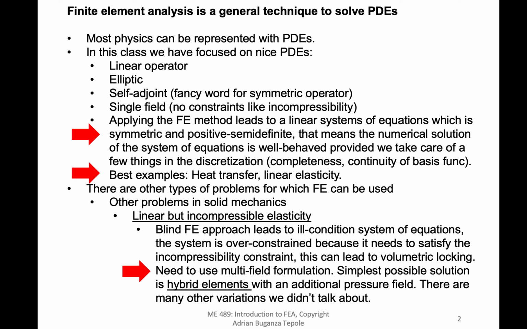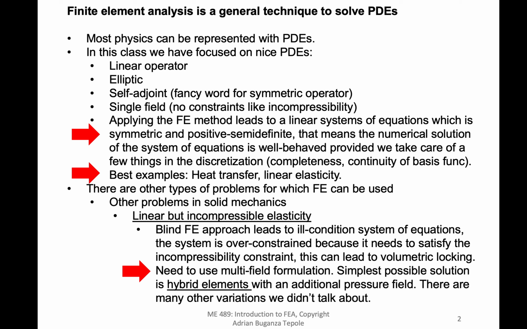The linear elasticity only has the second order derivative for the displacements. It's self-adjoint, meaning it's a symmetric operator, and it only deals with a single field. In the case of the heat transfer problem, only temperatures. In the case of the linear elasticity problem, only displacements, but no extra combination of fields, no constraints.